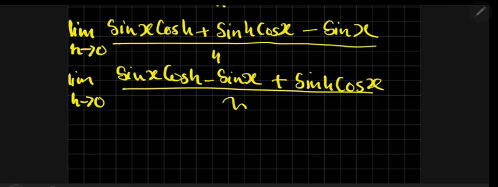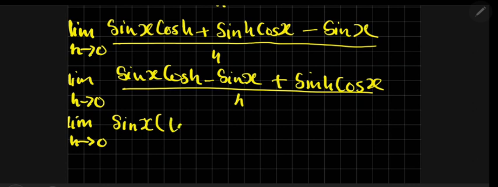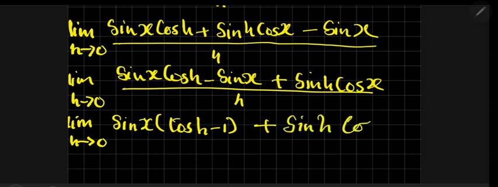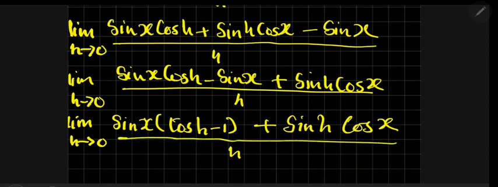Alright, we write this h properly, then we simplify further, factoring out sine x from this expression here. We'll have sine x multiplied by cosine of h minus 1 plus sine h cos x over h.